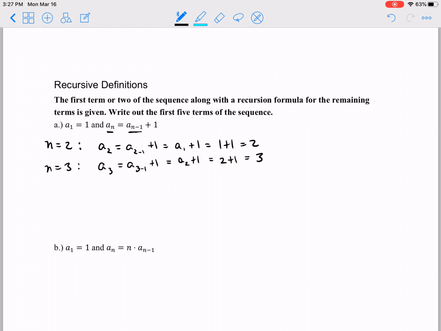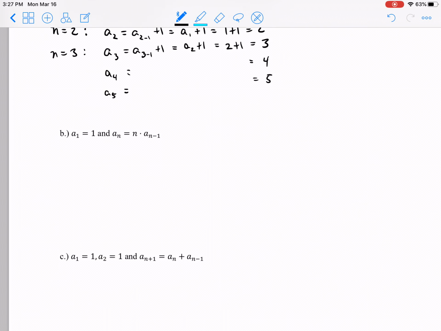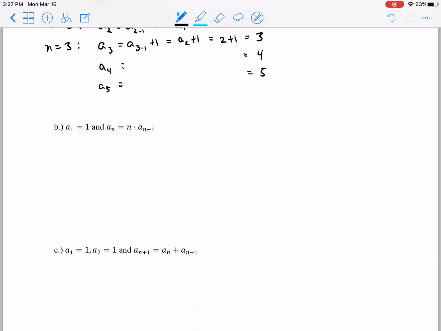And you can go on and keep doing these, a4, a5, and do the same sort of thing, and you'll get 4 and 5 and so on and so forth. All right, so you're just plugging previous ones into itself like that. For example, we can take a look at this next one here.